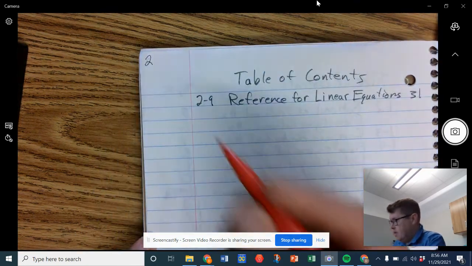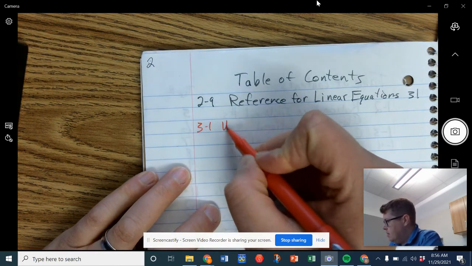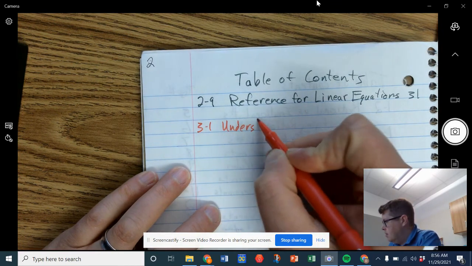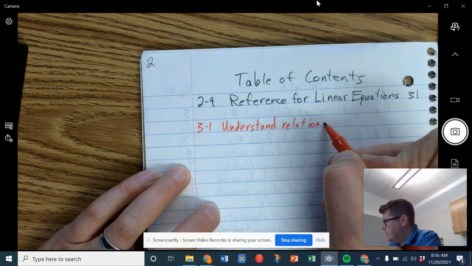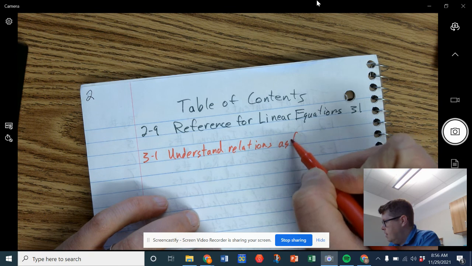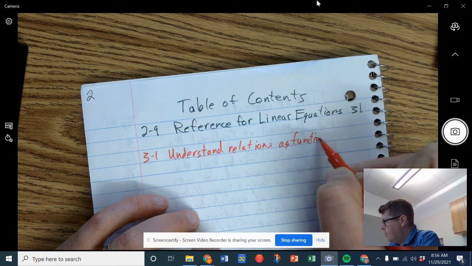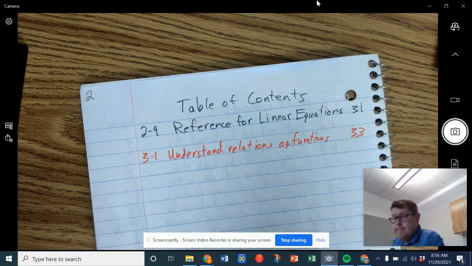Let's leave a space in here. Let's see, 3-1, understand relations as functions, and it's on page 33. All right, there you go, guys.